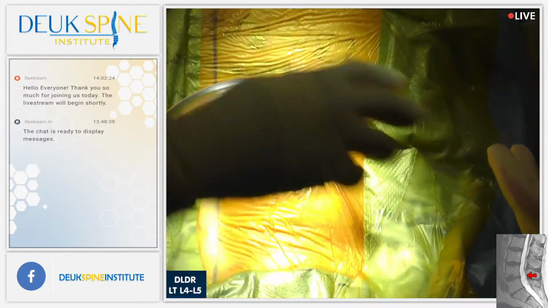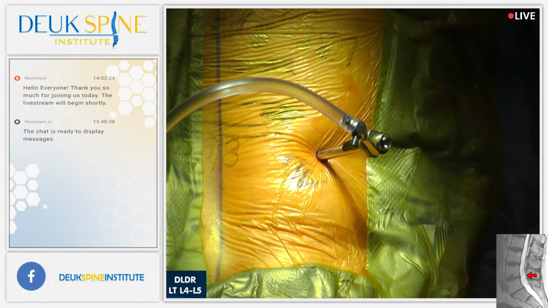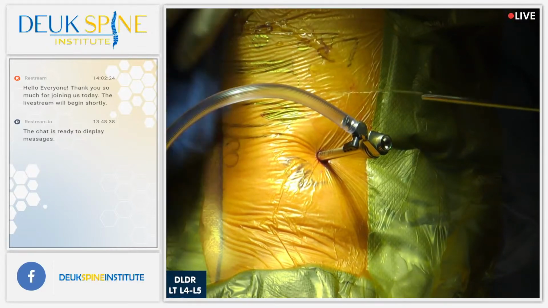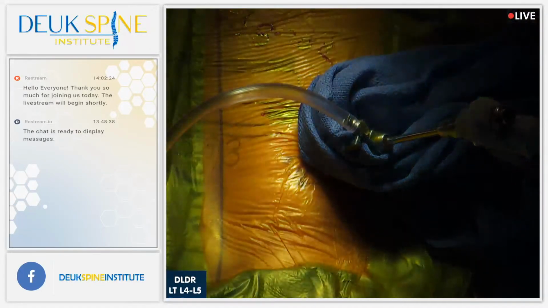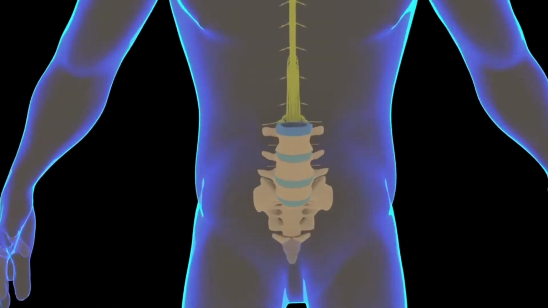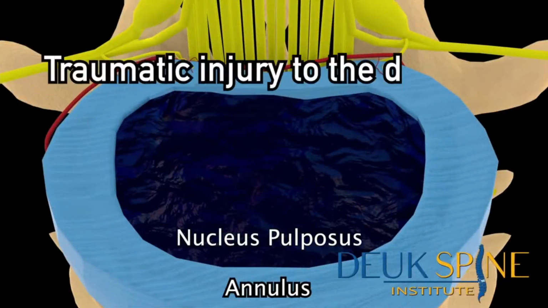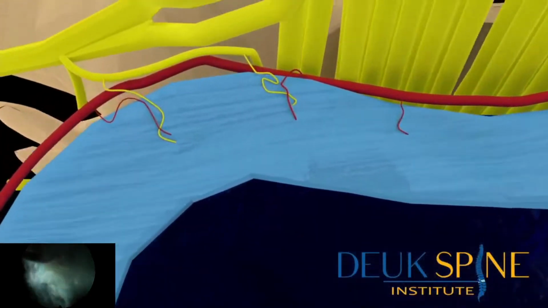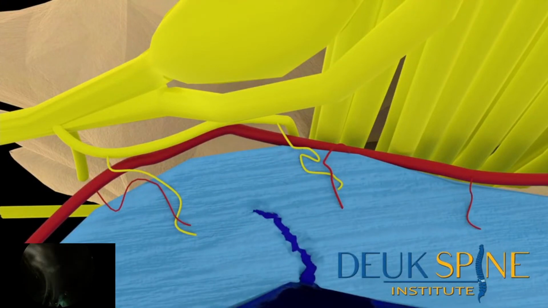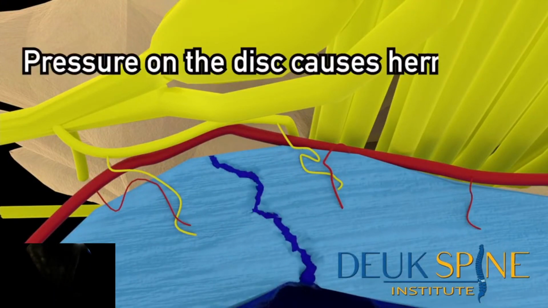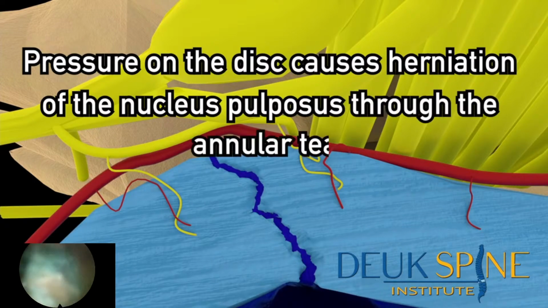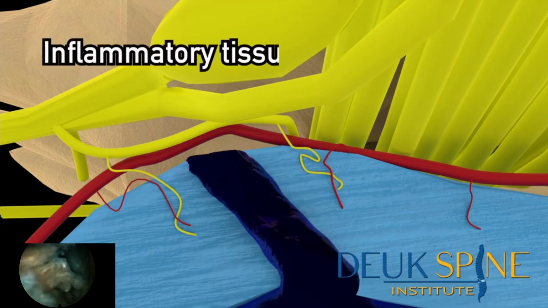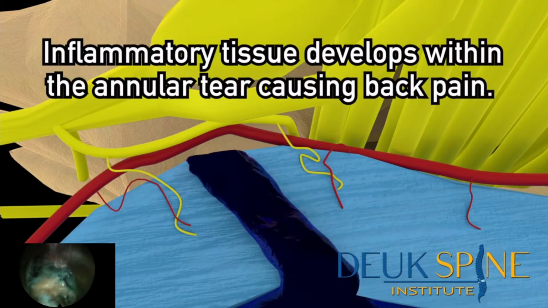Let's show our audience, how does a herniated disc actually cause back pain and leg pain? Traumatic injury to the disc can cause annular tears to form. Pressure on the disc causes herniation of the nucleus pulposus through the annular tear. Inflammatory tissues develop within the annular tear, causing back pain.